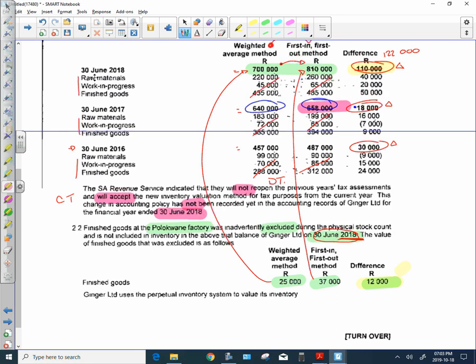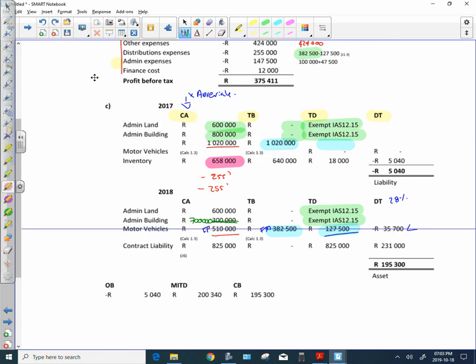However, what did I tell SARS last year was this inventory balance? Last year I would have told them 640. They won't reopen that, so that's my tax base. Leaves me with a temporary difference of 18,000, and that is again a liability because my future profit is larger than my future tax deductions.